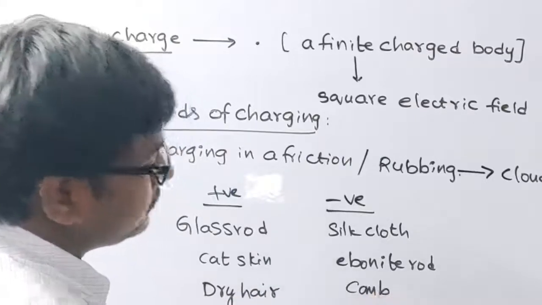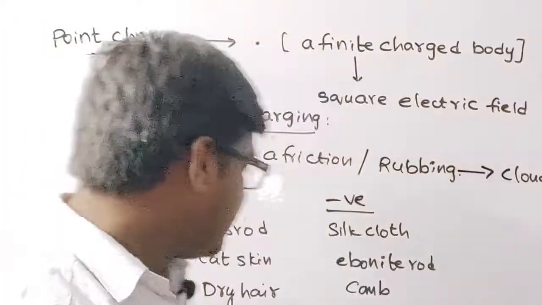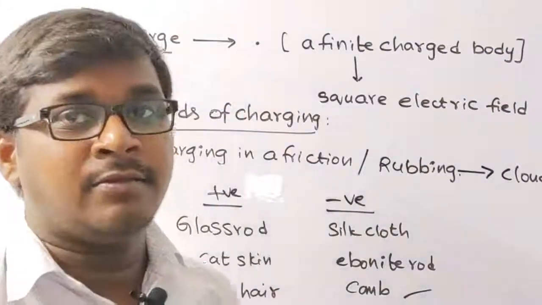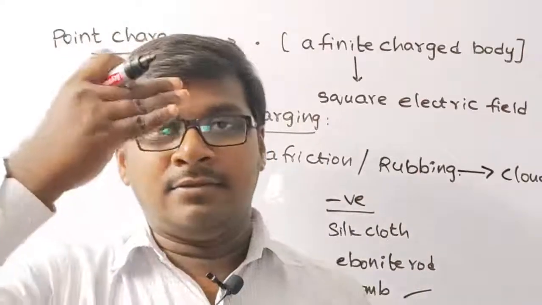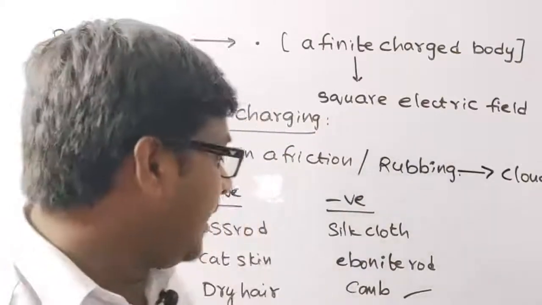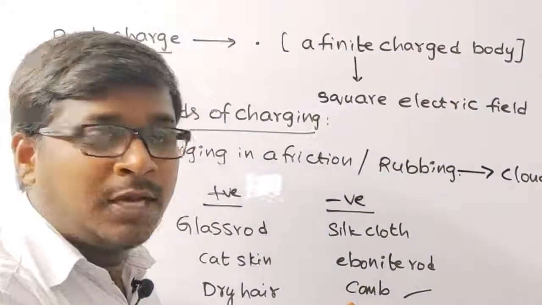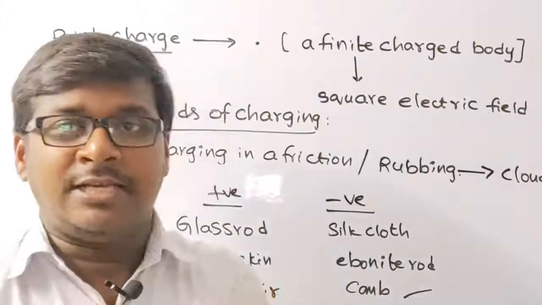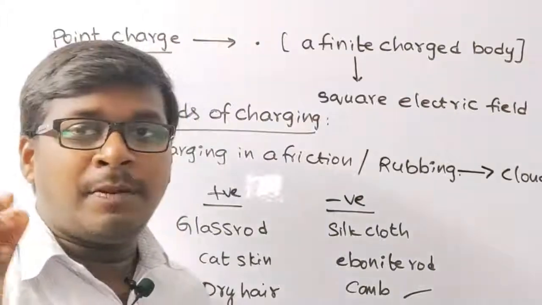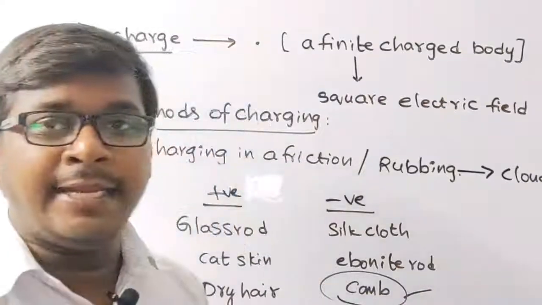In this third example of charging by rubbing, when dry hair is combed and the comb is brought near small pieces of paper, the two attract each other. The paper pieces act as positive charge and the comb acts as negative charge.